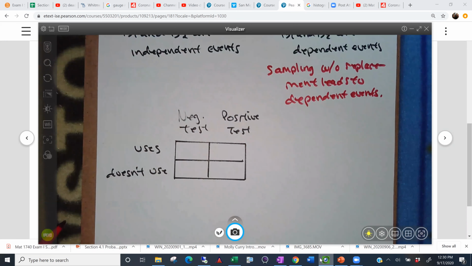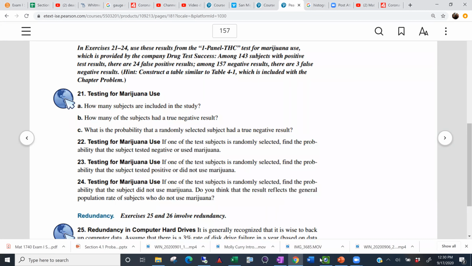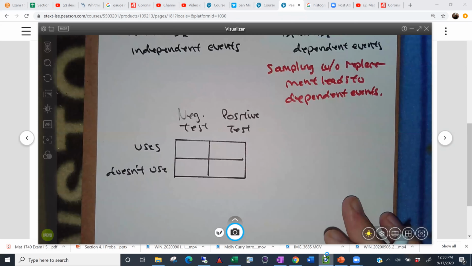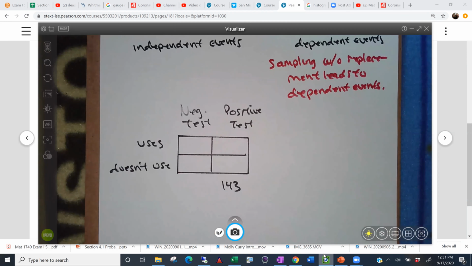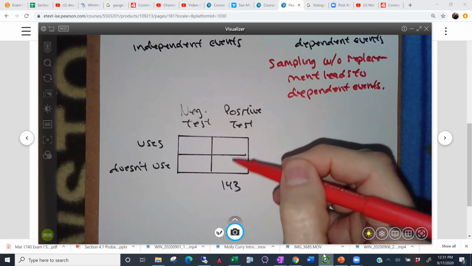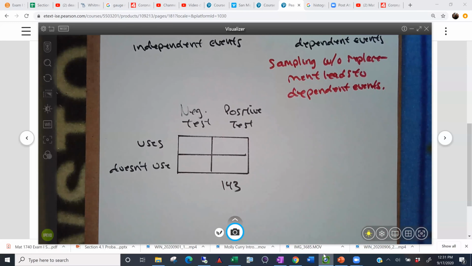So they said there were 143 positive tests. Let's just double check that. Yeah, amongst 143 subjects with positive tests, there are 24 false positive results. So what they're telling us is this marginal total, that's 143. But 24 of them are false positives. So where should I put that 24? Up top or down below? Below.